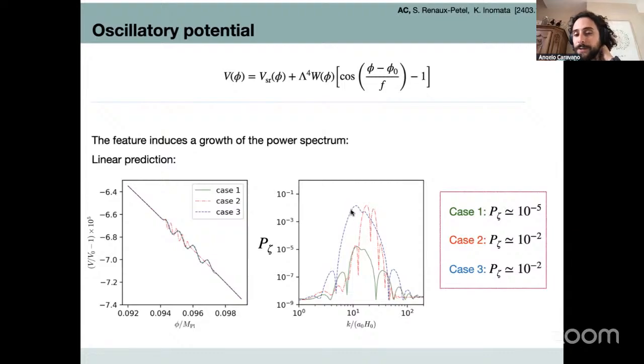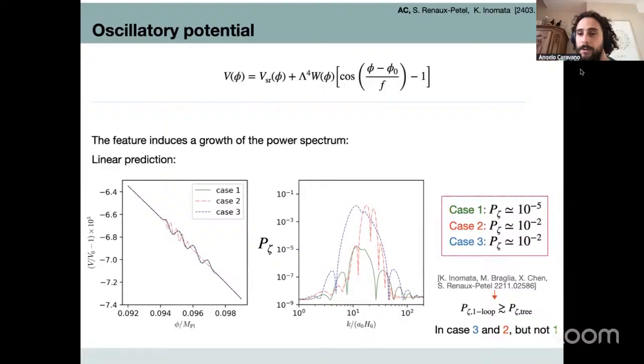Now, the real reason why we chose exactly these three models is that some people have performed a loop calculation of this model. They showed that if you try to calculate the one-loop correction to this power spectrum, in case one it seems okay: the loop correction is much suppressed with respect to the tree-level linear component.